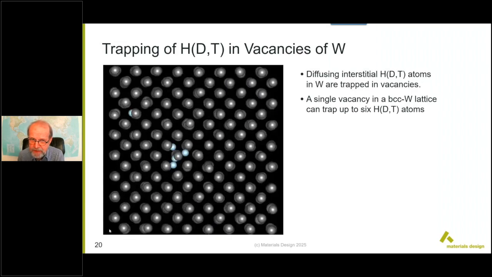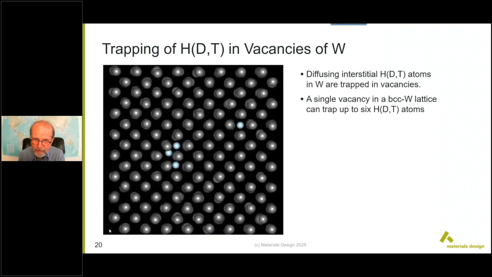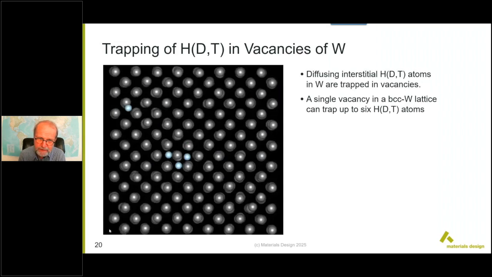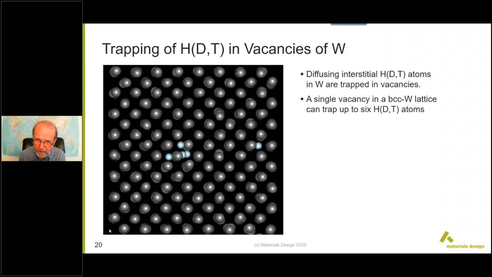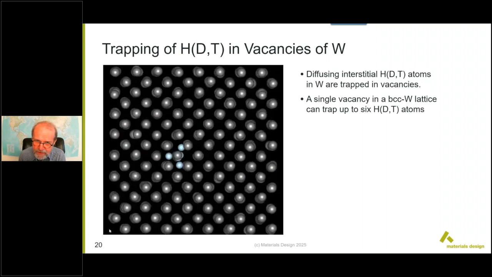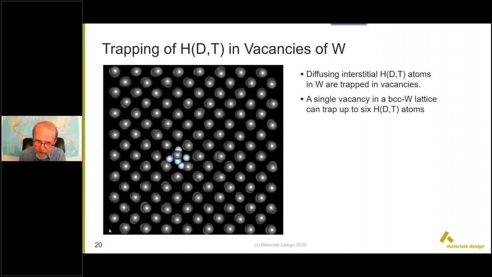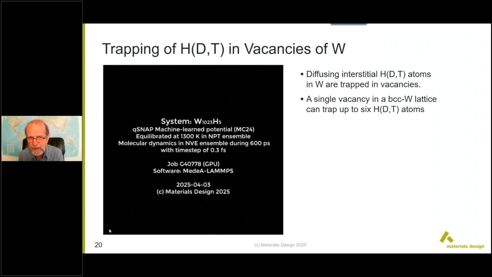Nevertheless, the hydrogen atoms get trapped inside the vacancy and stay trapped even at 1,300 K. So vacancies in tungsten are very strong traps. Analyzing this in more detail, you find that a single vacancy can trap up to 6 hydrogen, deuterium, or tritium atoms.